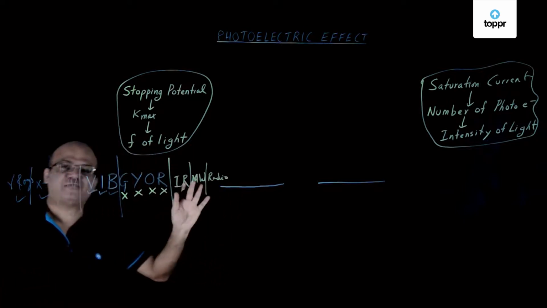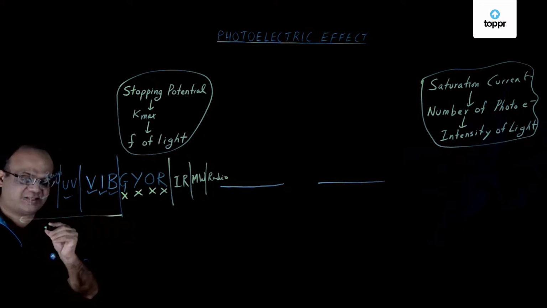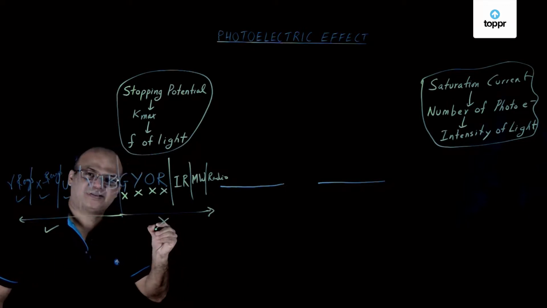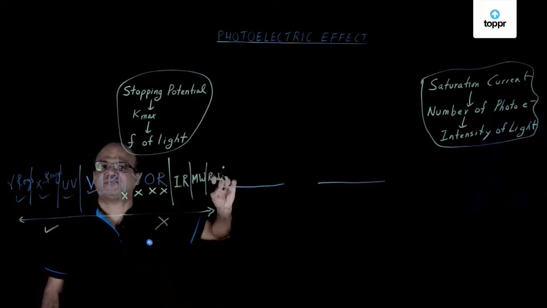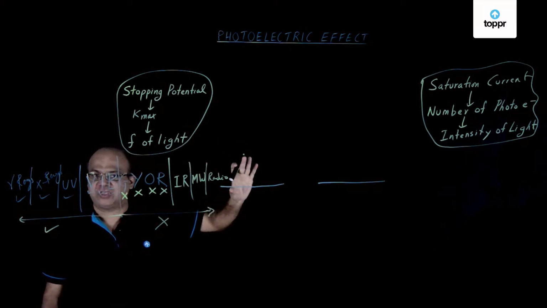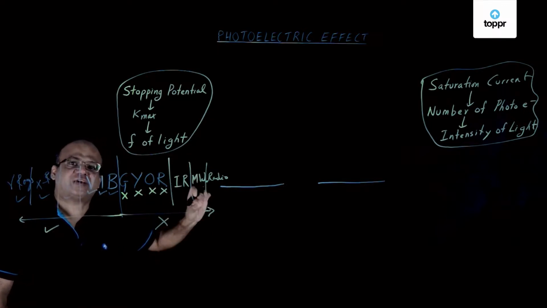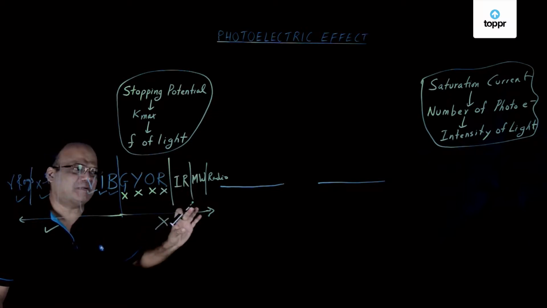It will be photosensitive to everything on this side, and not photosensitive to anything on that side. If something is photosensitive for blue light, it will be photosensitive for any color of light having higher frequency than blue. If it is not photosensitive for green light, it will not be photosensitive for any color of light having lower frequency than green. So remember that.